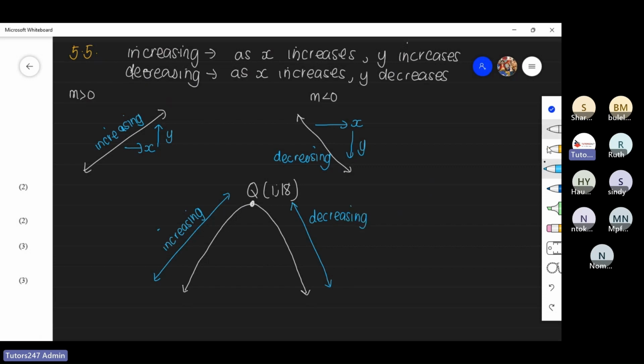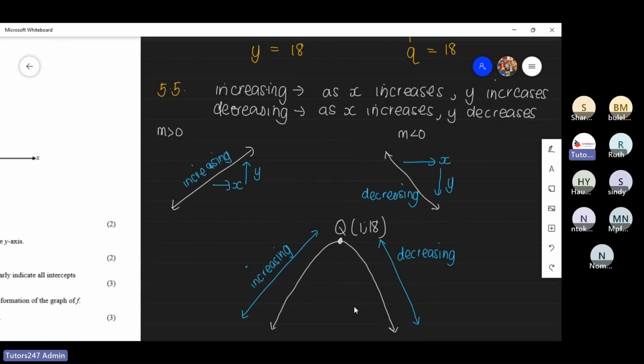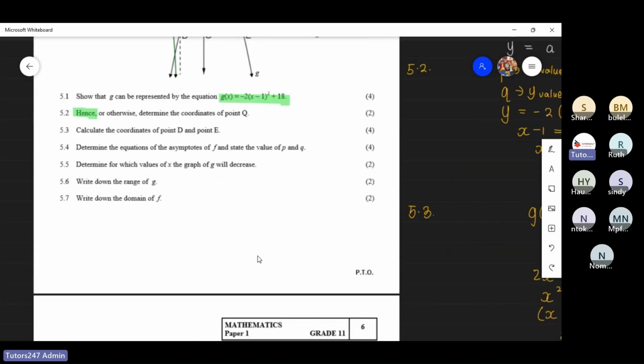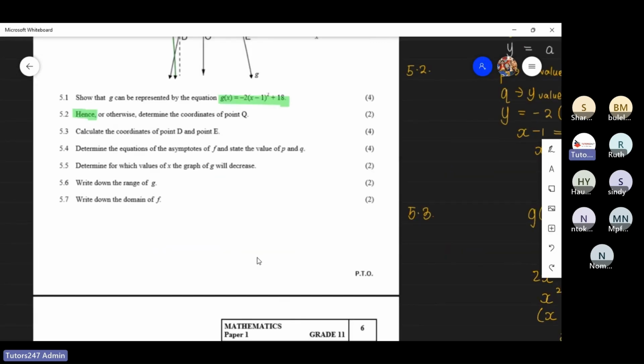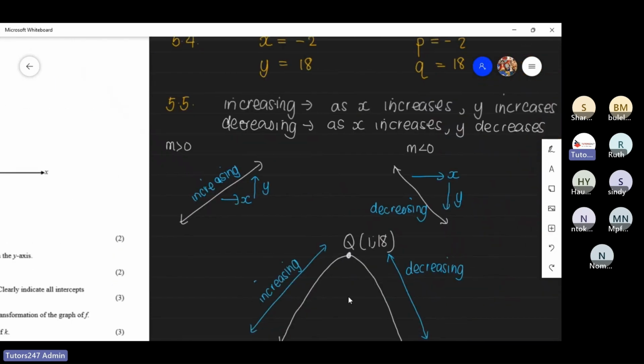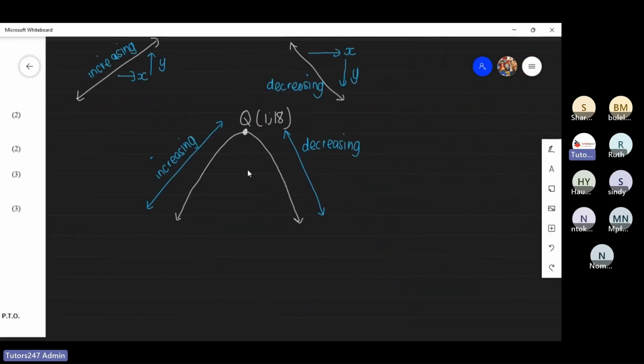And if we go back to the question to try and identify which type we needed, let's have a look. Determine for which values of x the graph g will decrease. So we need to identify for what values of x this graph will be decreasing. As you can see, on the right of your turning point, the function is decreasing.